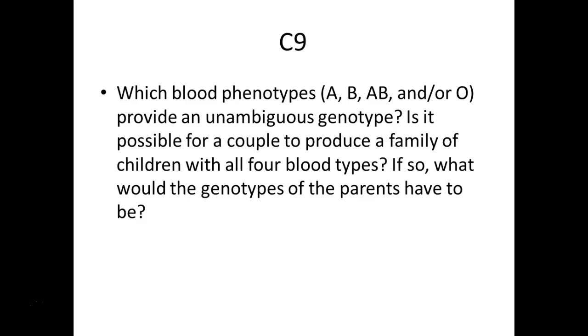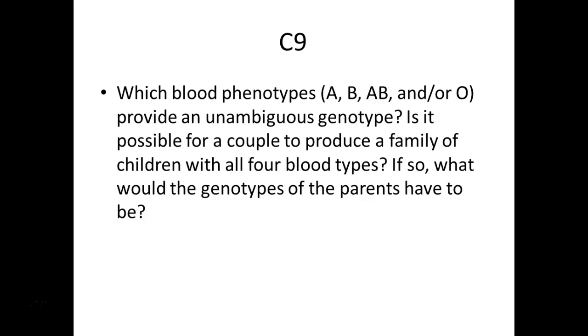How do you end up with AB? Codominance. Excellent. The question is asking which blood phenotypes, A, B, or O, provide an unambiguous genotype.